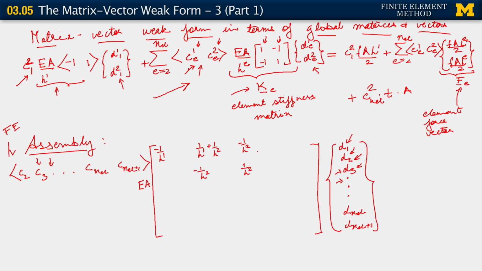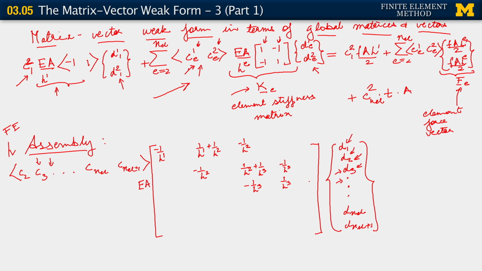In rows 2 and 3, the contributions are going to be of the form plus 1 over H3. So that's row 2, column 3. Row 2, column 4 is going to be minus 1 over H3. We will have row 3, column 3, which will be minus 1 over H3. And row 3, column 4 is going to be 1 over H3.